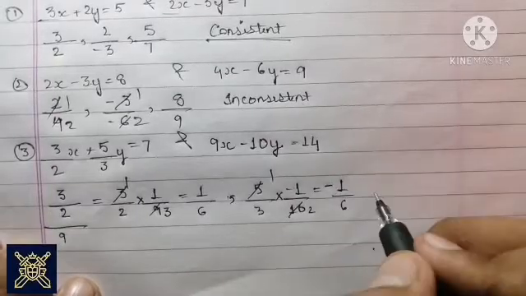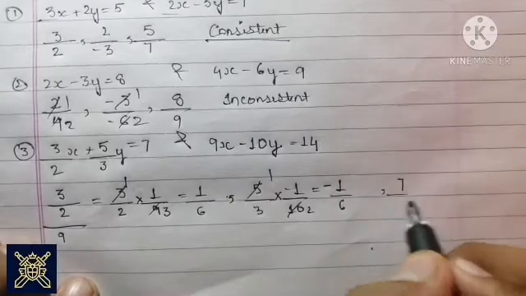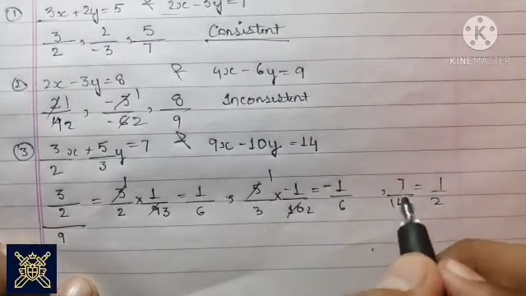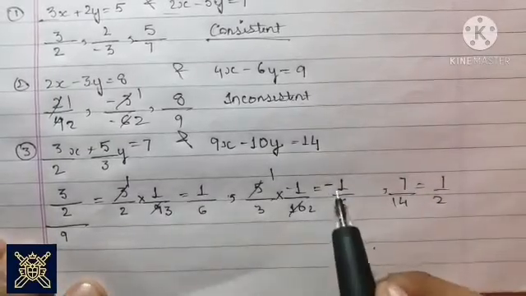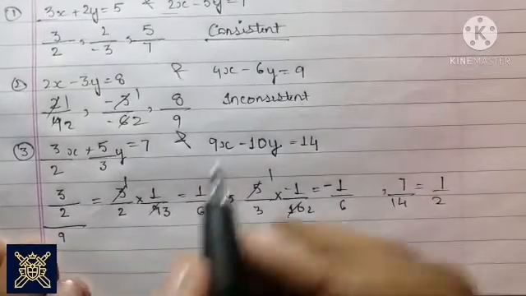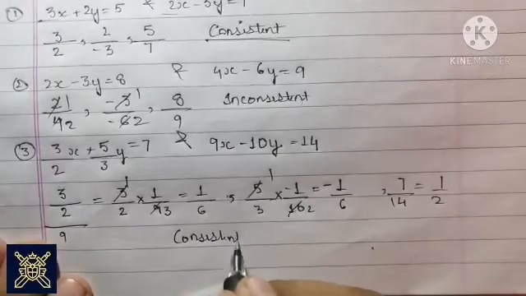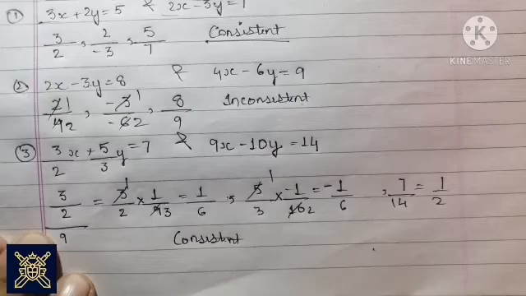And at the last position you have 7 by 14, which is equal to 1 by 2. As you can see, here you have 1 by 6 and here you have minus 1 by 6. These both are not equal to each other. Therefore, the following pair of lines is consistent, because 1 by 6 and minus 1 by 6 are entirely different.